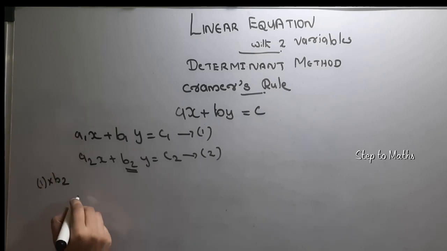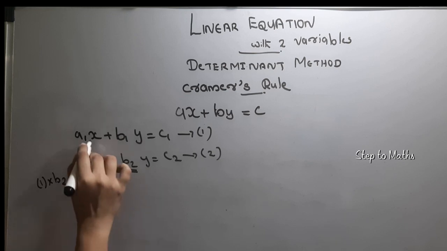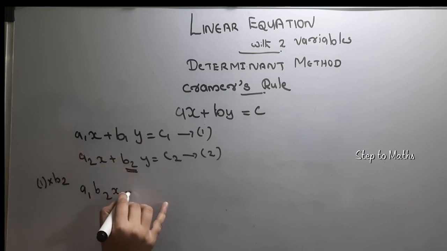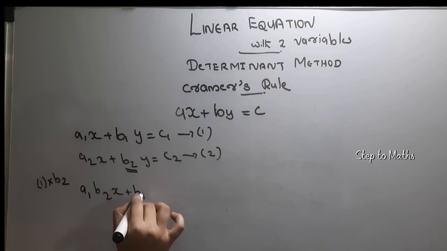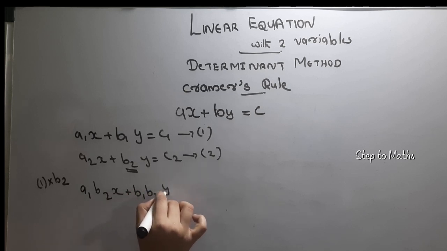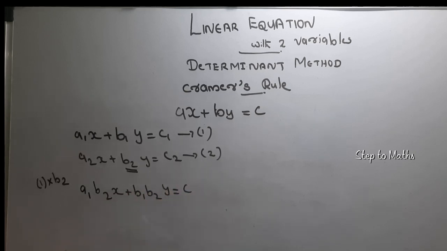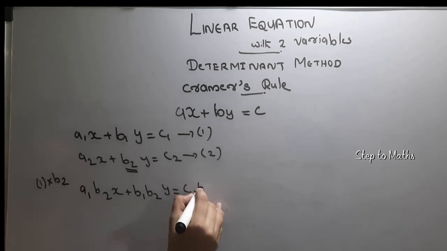Now the first equation becomes a1 b2 x plus b1 b2 y equals c1 b2.